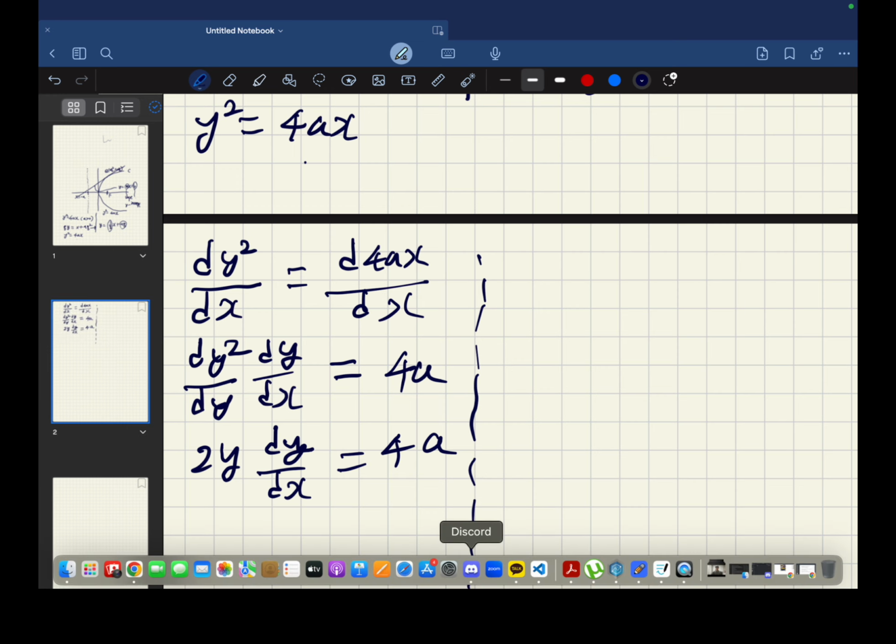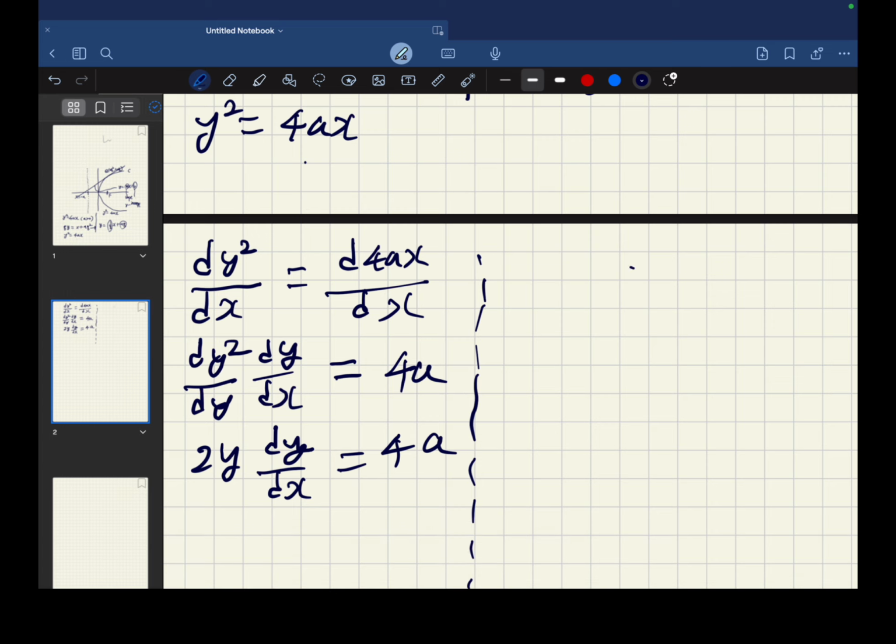And we can divide it by 2y, but make sure in this case also y should not be 0. We don't know that yet, but we can now simply assume that y is not 0 here. So dy over dx is 4a over 2y, assuming y is not 0. Okay.